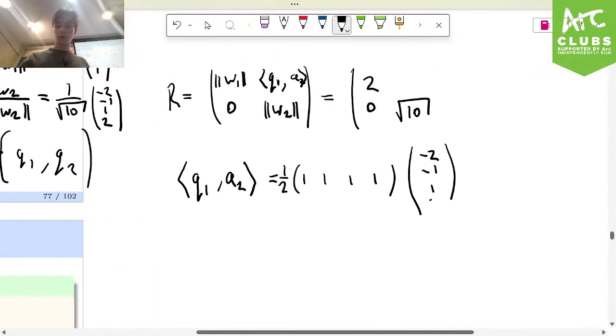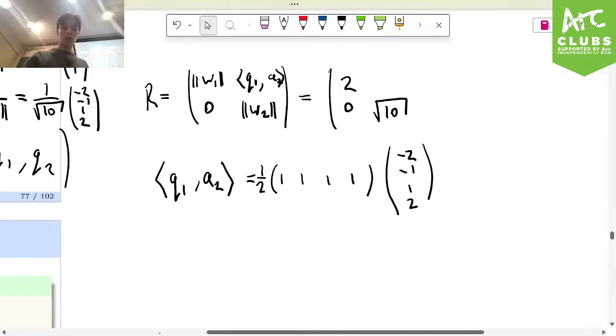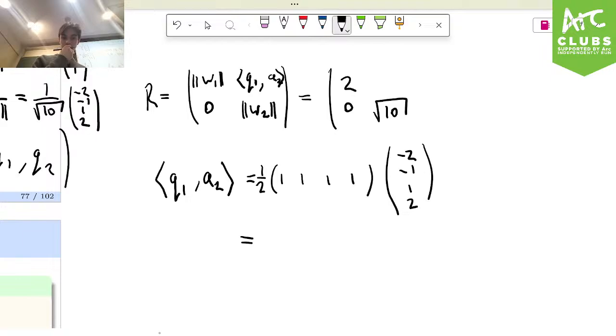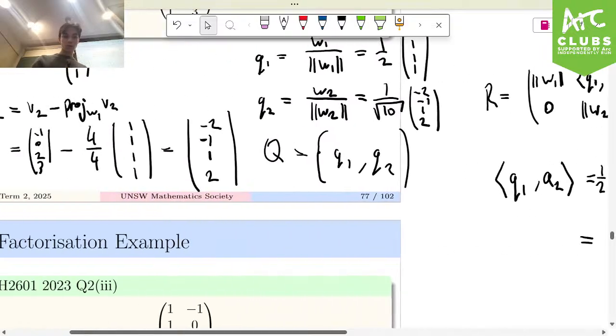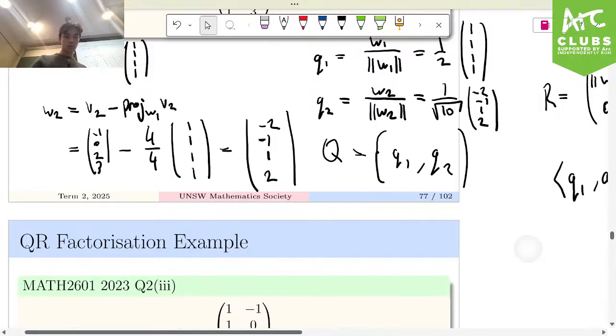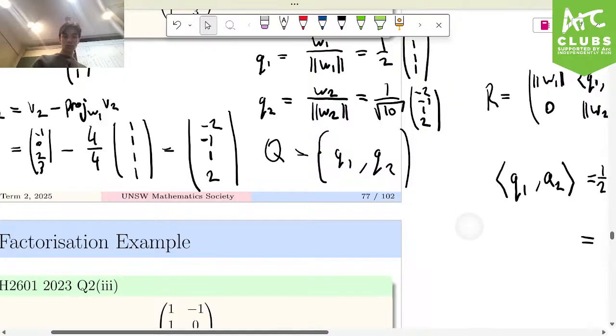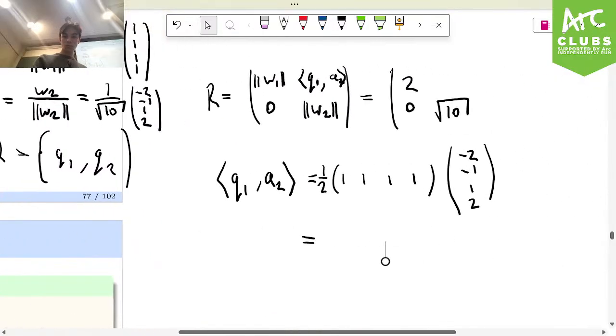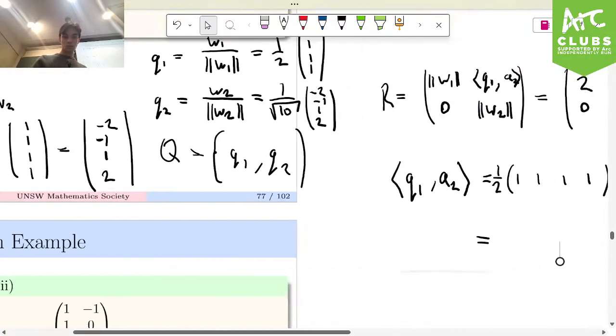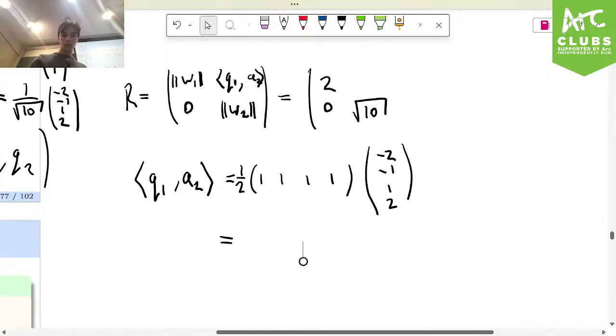Minus 2 minus 1 1 2. And that's going to work out to be something not quite right. Q2 and A2.